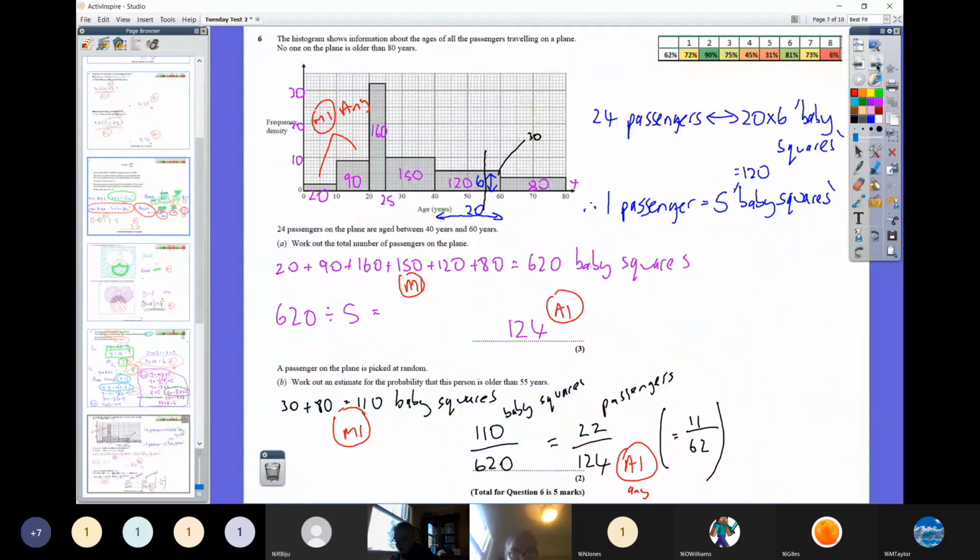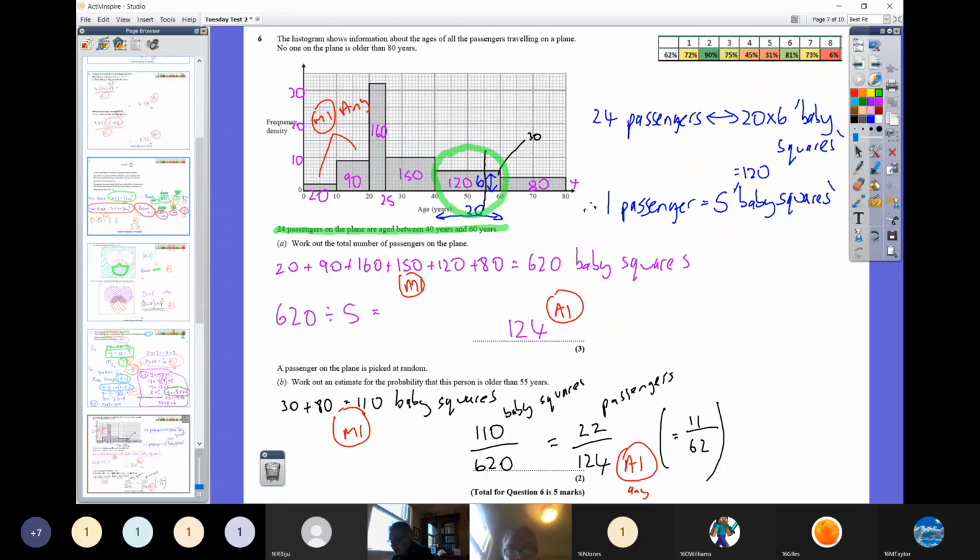So you just had to break the code here, didn't you? We were told that the 24 passengers on the plane are aged between 40 and 60. That's the information that allows us to break the code. So go and have a look at the 40 to 60. Looking at the baby squares, there's 20 along and 6 up.